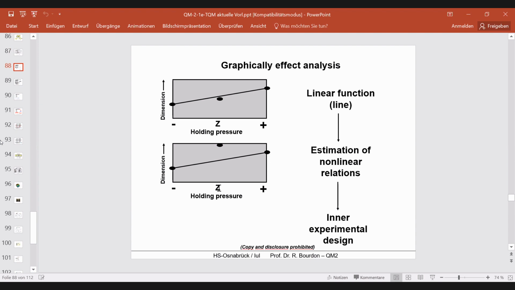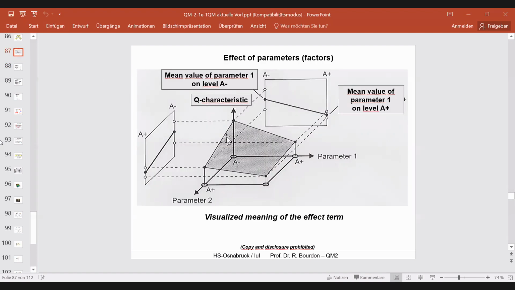This is one experiment taken directly in the middle of the variation area. You do one experiment, also with 10 parts. Then you take the mean of these 10 measurements, and then you get an additional mean value.